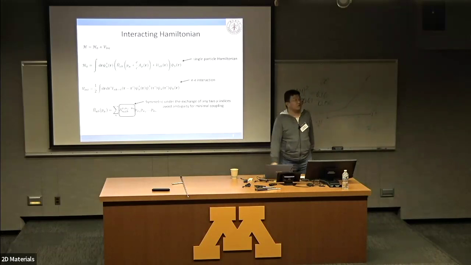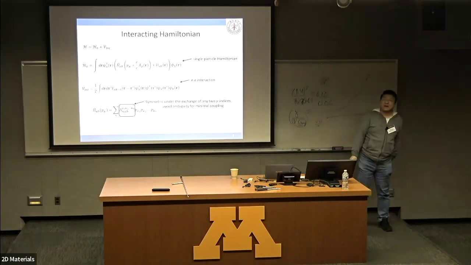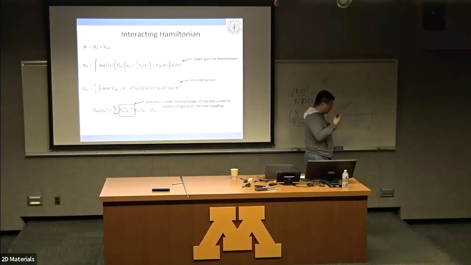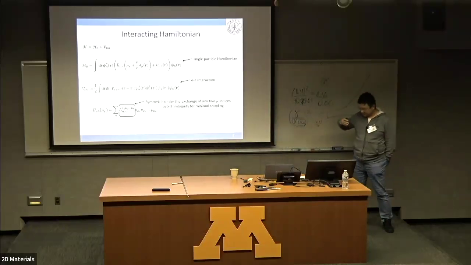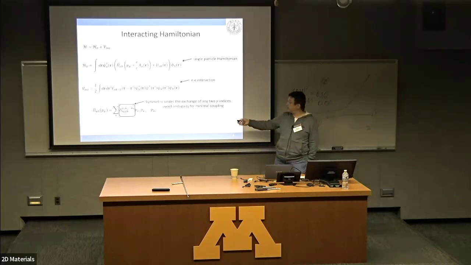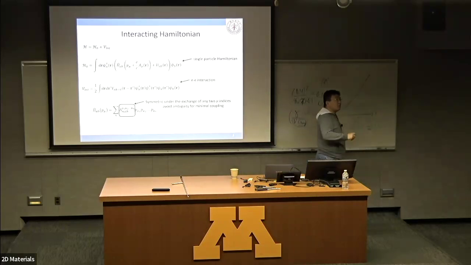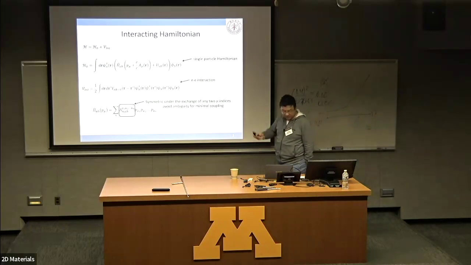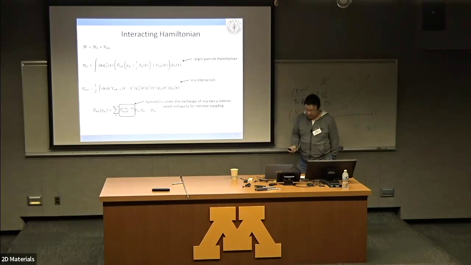And if you look at all these coefficients, they're symmetric under the exchange of these spatial indices. The reason why we say it's symmetric is just to avoid any possible ambiguity when you do this minimal substitution. Okay, so this is a very general Hamiltonian.